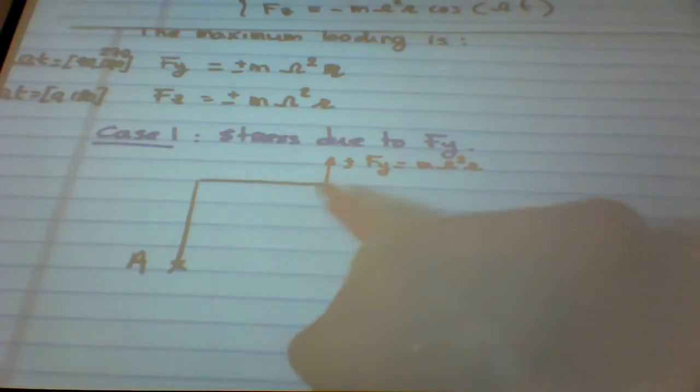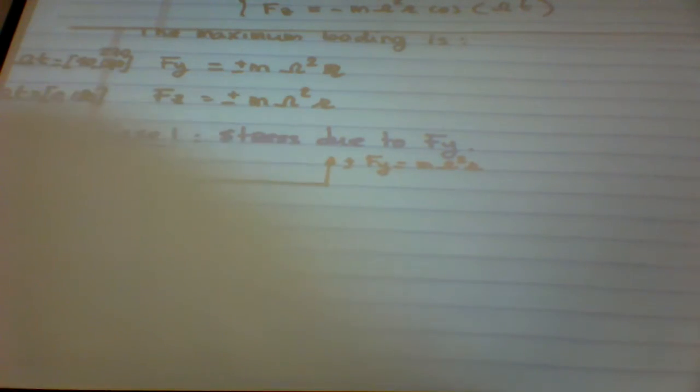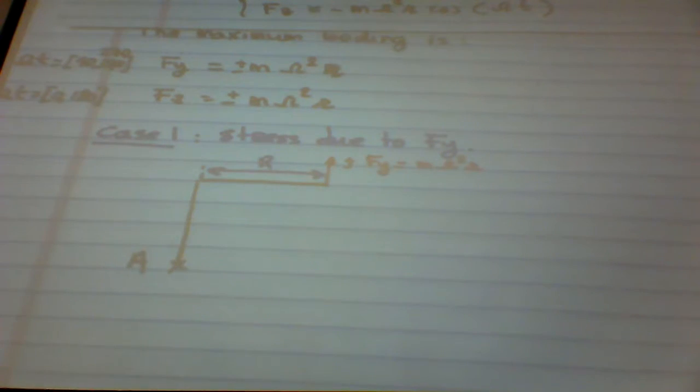So what will this be creating? This is creating a bending moment M that will be equal to what? Fy times r, and will produce this to bend in that direction. Okay?